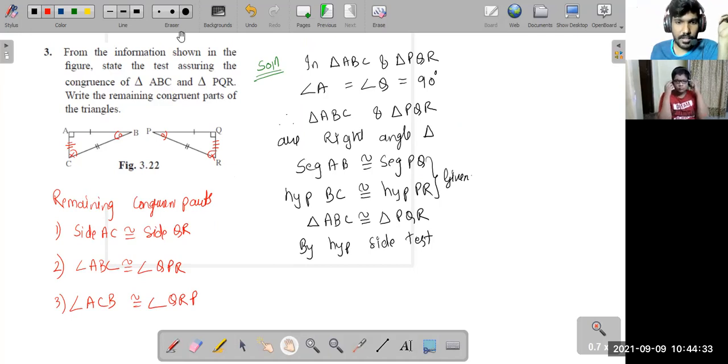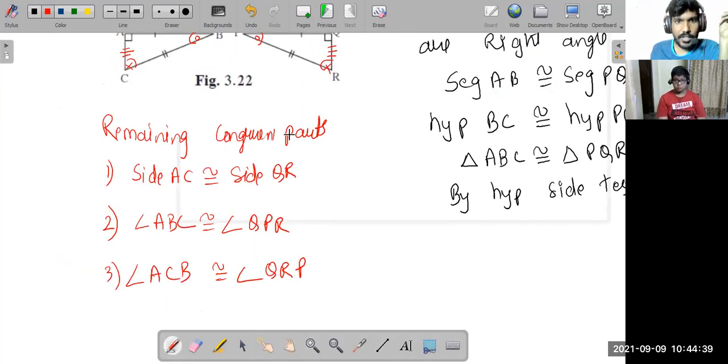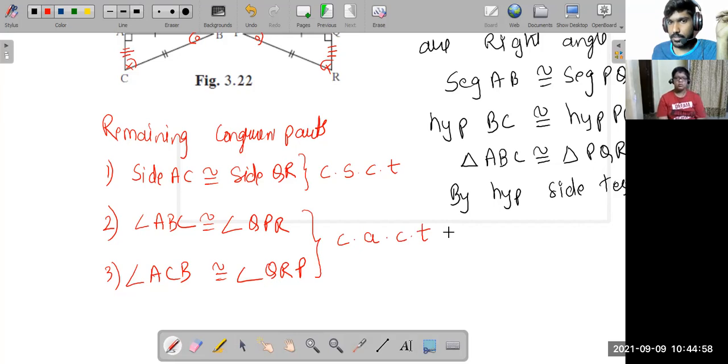Okay, one thing is this is a side. So here we'll write corresponding sides of congruent triangles. CSCT means corresponding sides of congruent triangles. These two are angles which we proved. So here we can write corresponding angles of congruent triangles.